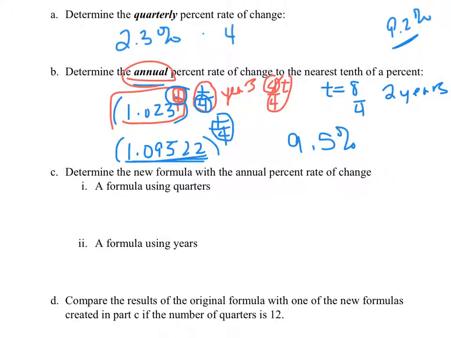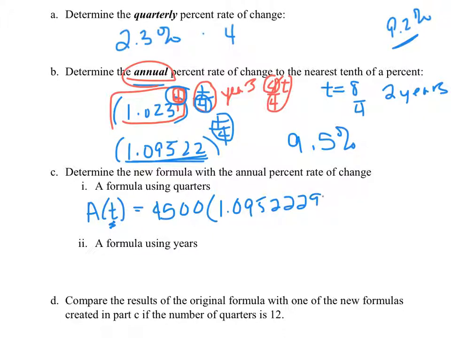Okay, so then determine the new formula with an annual percent rate of change. All I'm saying is rewrite this. When I rewrite it, A of T is going to be, the T is quarters, so I have to leave the T over 4 in the problem. So the formula is 1.095222948. This is what my calculator told me.